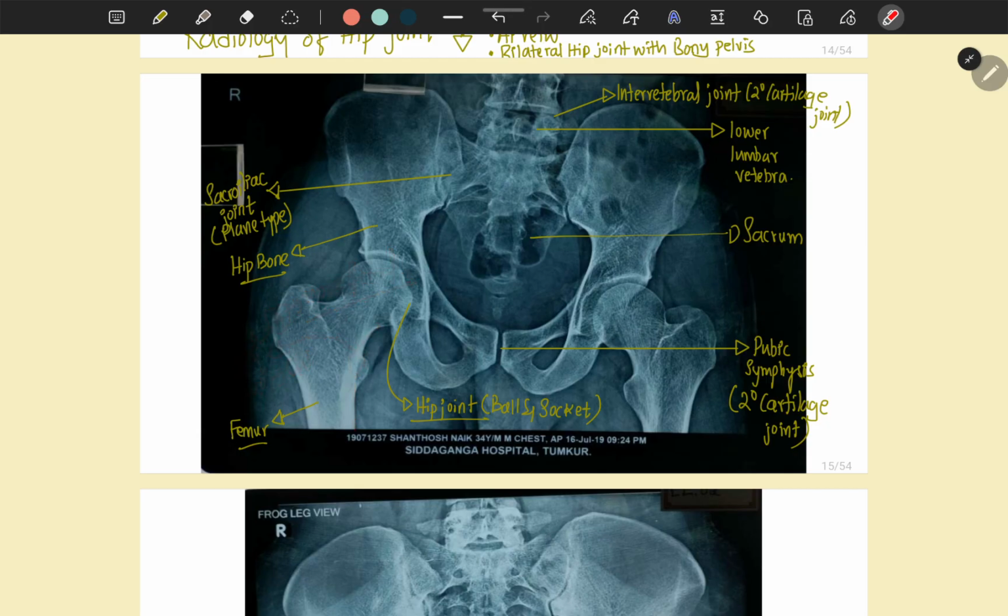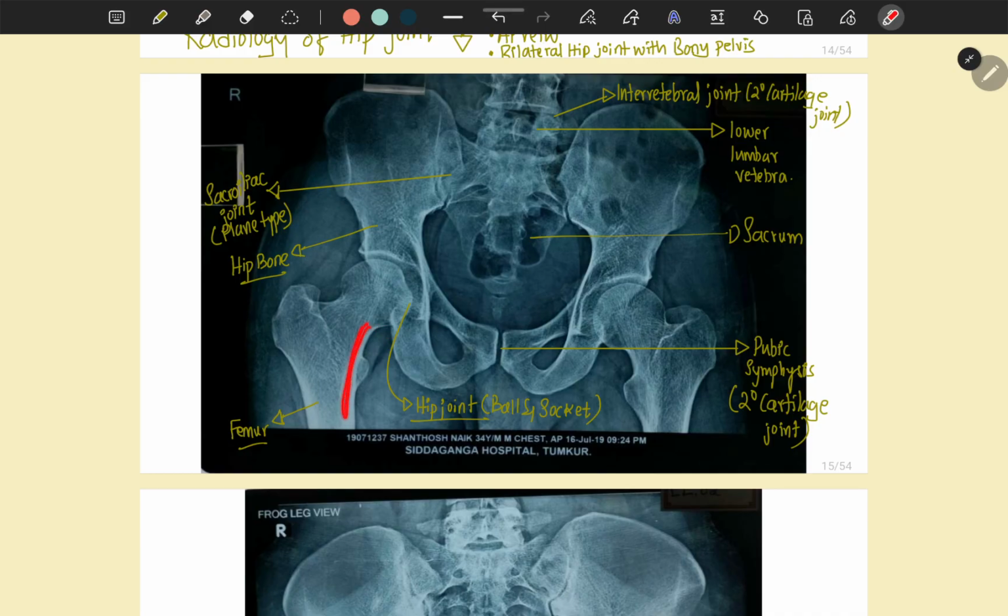Okay, now coming to the femur, here you can see a thick ridge which is present in front of the lesser trochanter. This is called calcar femorale.